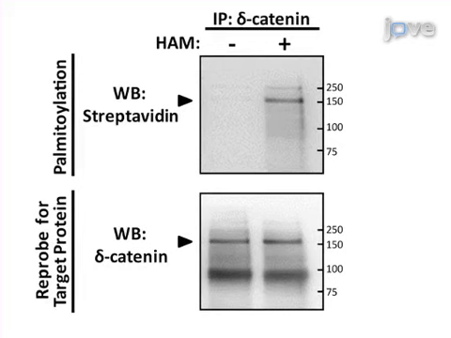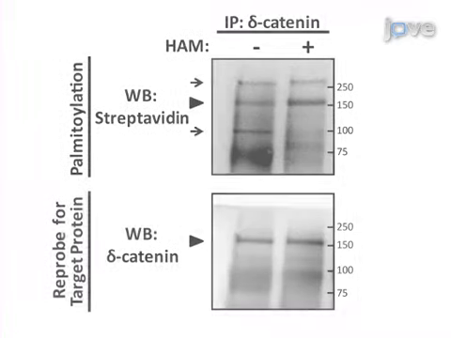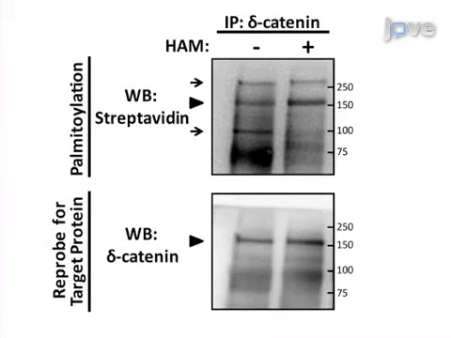Optimization of the IP-ABE assay will result in a Western blotting profile of a minus HAM sample that is readily distinguishable from the plus HAM sample and exhibits minimal to no palmitoylation signal. The concentration of biotin BMCC used to label palmitoylated cysteines requires careful optimization, and if a supersaturating concentration of biotin BMCC is used during the ABE chemistry steps, excessive background and non-specific signals will be visible.